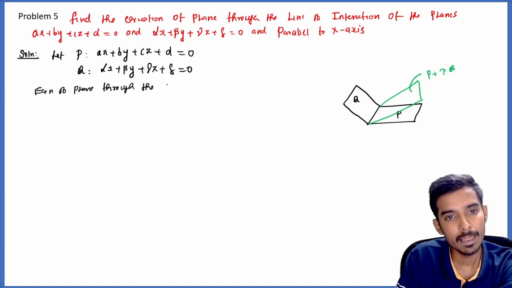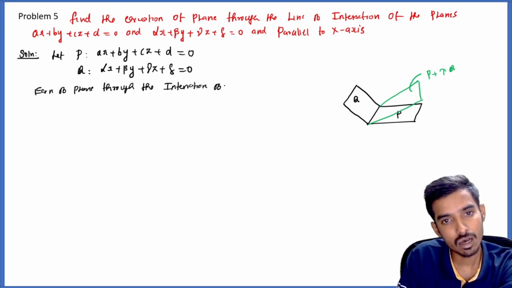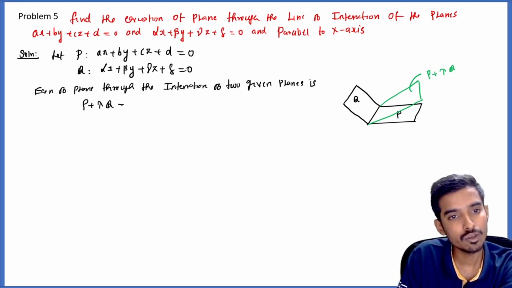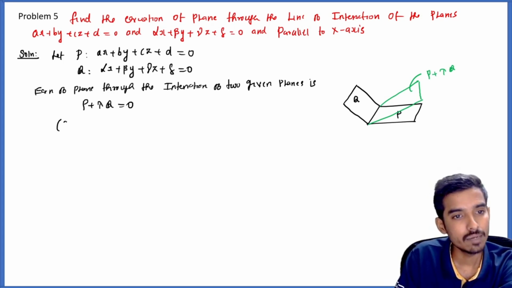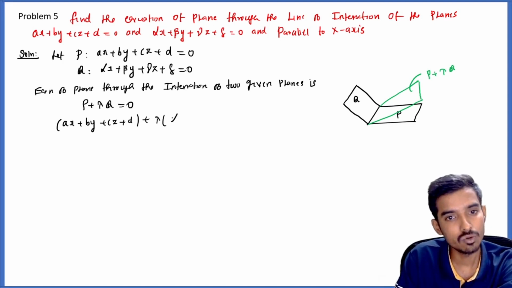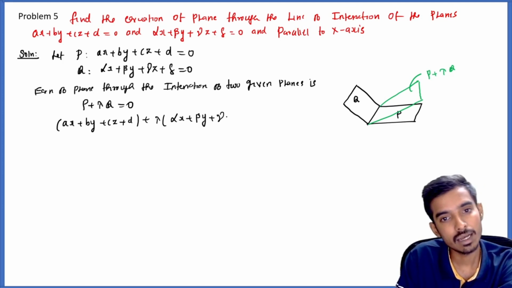So the equation of the plane through the intersection of two given planes is P plus lambda Q is equal to 0. That means ax plus by plus cz plus d plus lambda into alpha x plus beta y plus gamma z plus delta is equal to 0.